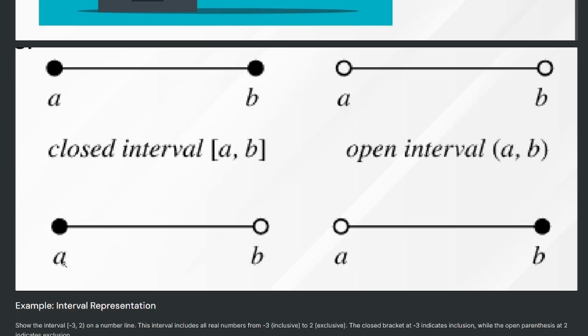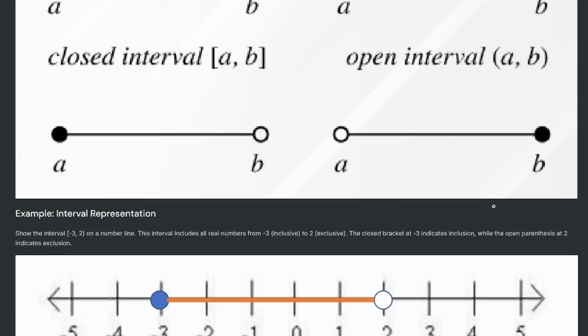In a half open interval like this, a is included because the circle is filled at point A, and B is not included, but all the numbers between A and B are included, including A. And in this case, B is included, A is not included, but all the numbers between A and B are included.